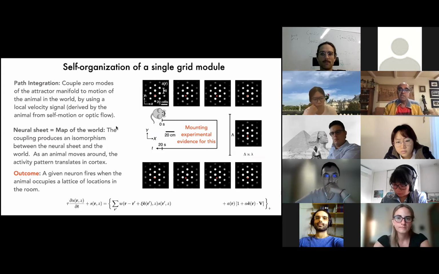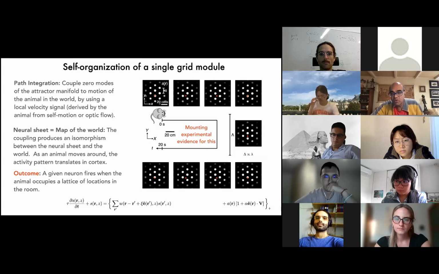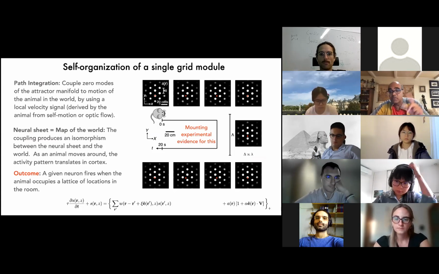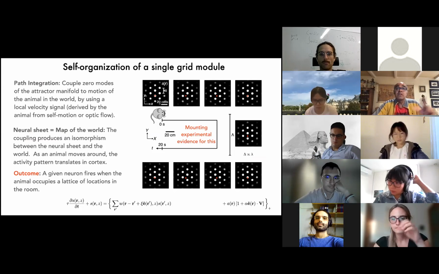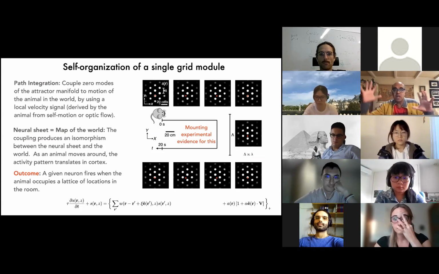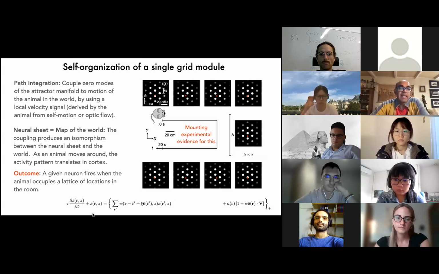And then you couple those inputs into the model of the response, so that the pattern translates. That's written down in equations here: the external velocity is coupled via head direction cells and speed cells into the activity of these neurons. So you couple that into the dynamics.